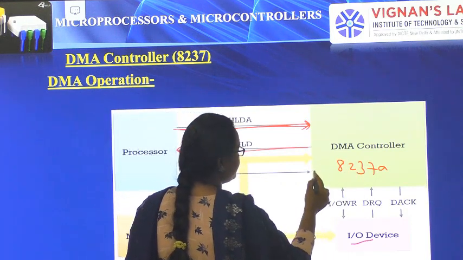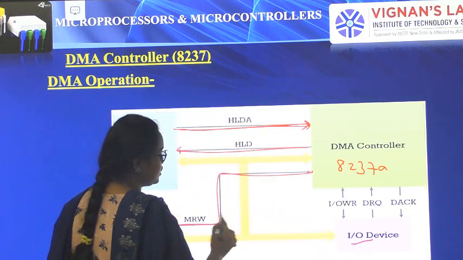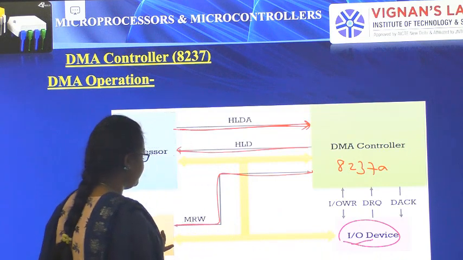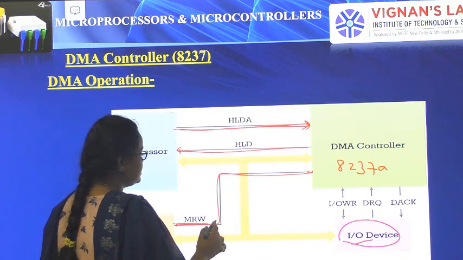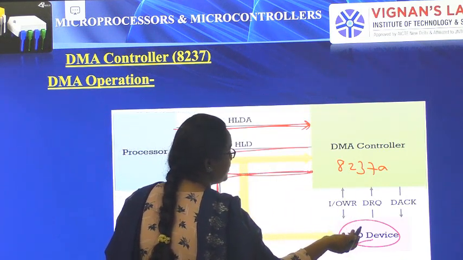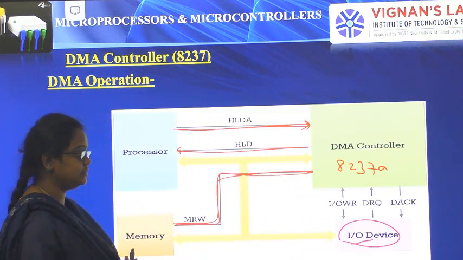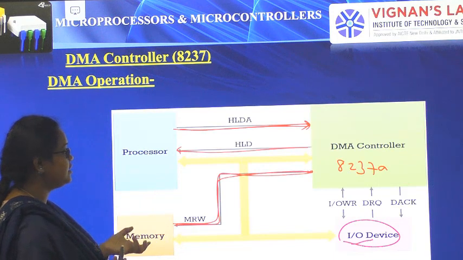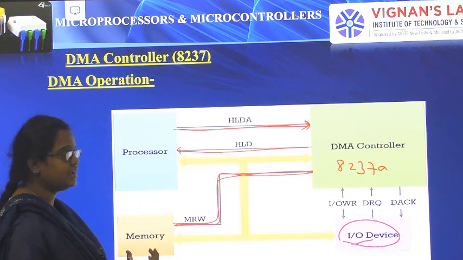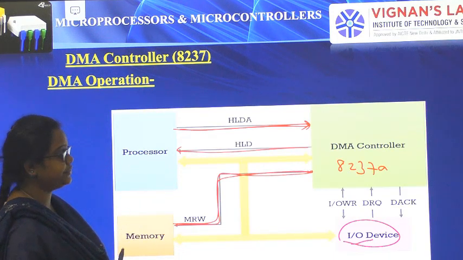Then the DMA controller accesses whatever information the input output devices asked for from the memory, and it sends it to the input output devices using the system buses. All operations related to the memory are operated by the DMA controller.